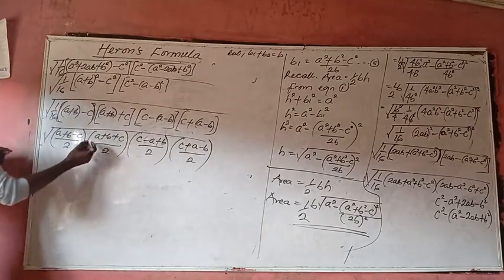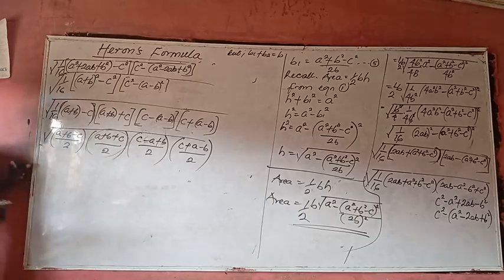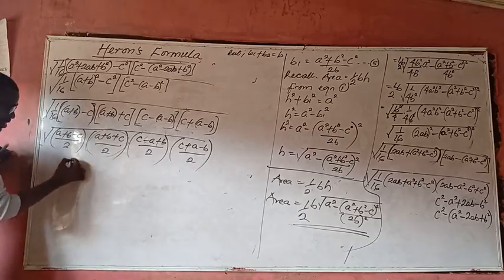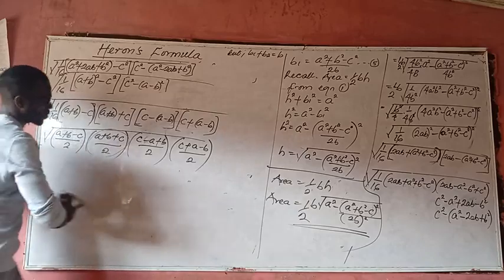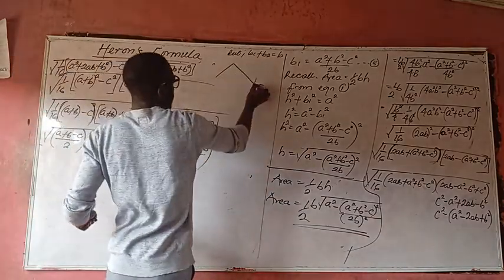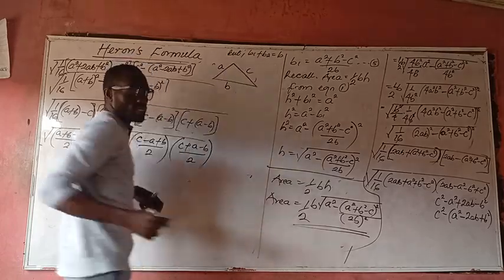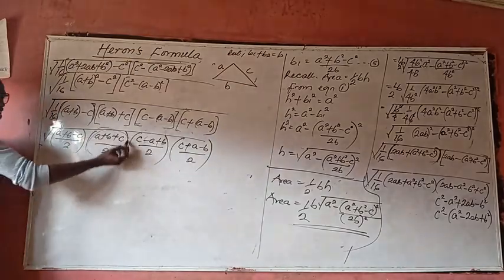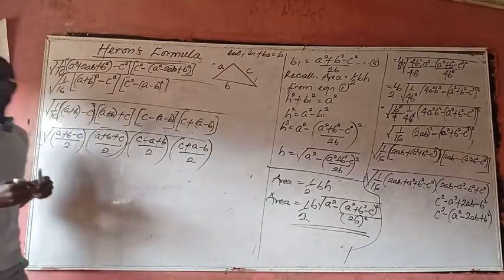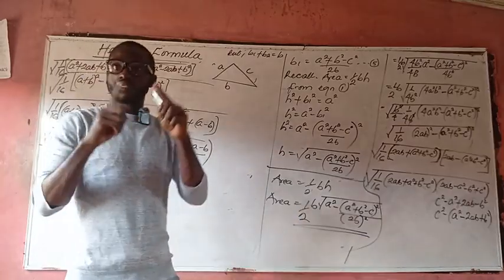Alright. You see this guy here, we are going to call it our semi-perimeter. Why? Because our triangle is given like this. Remember, this is our triangle. This place was A, down was B and C, right? So this guy here, you know the meaning of perimeter. Perimeter means just add all the sides.